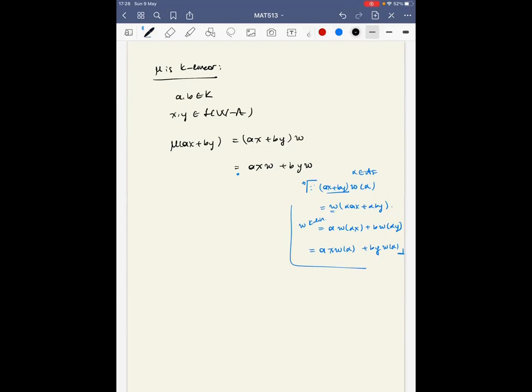And we can also see that mu is injective by checking if its kernel contains only the zero function. Here note that zero denotes the zero differential.